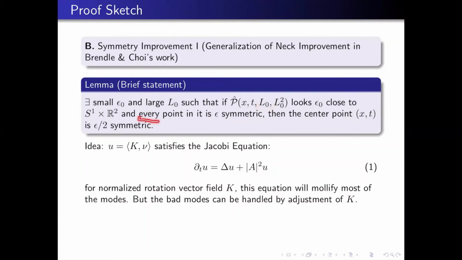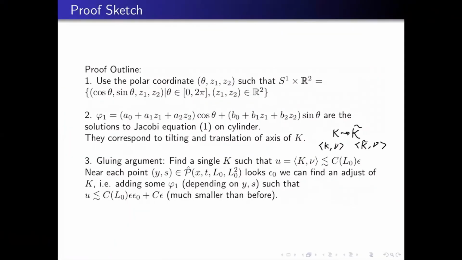So this assumption really just tells us that we have a lot of rotation vector fields that represent the symmetry at different points, but we don't have a single one that could represent symmetry for each point. So the gluing argument says that we can actually achieve that. We can actually use only one vector field, but the price to pay is that we pick up a huge constant here.